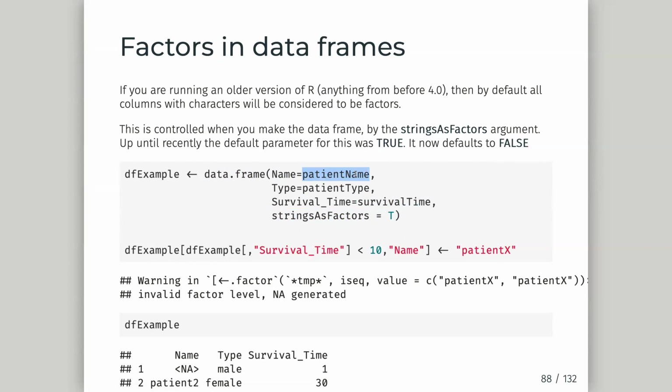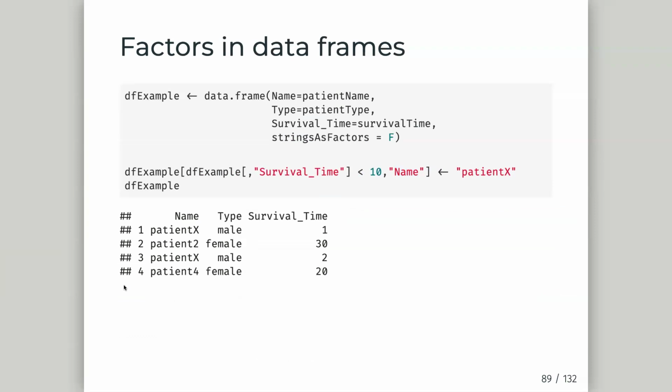You may want to treat it as categorical data. But then it means that if you're going to try and start replacing things, here I'm going to add patient X. This wouldn't have been a problem when it was just a vector, but now it's a factor. It's going to give me this. We can fix that. Here I just set strings as factors equals false, and this is the default now. So this isn't really a problem for you, but maybe worth knowing a little bit for historical reasons.